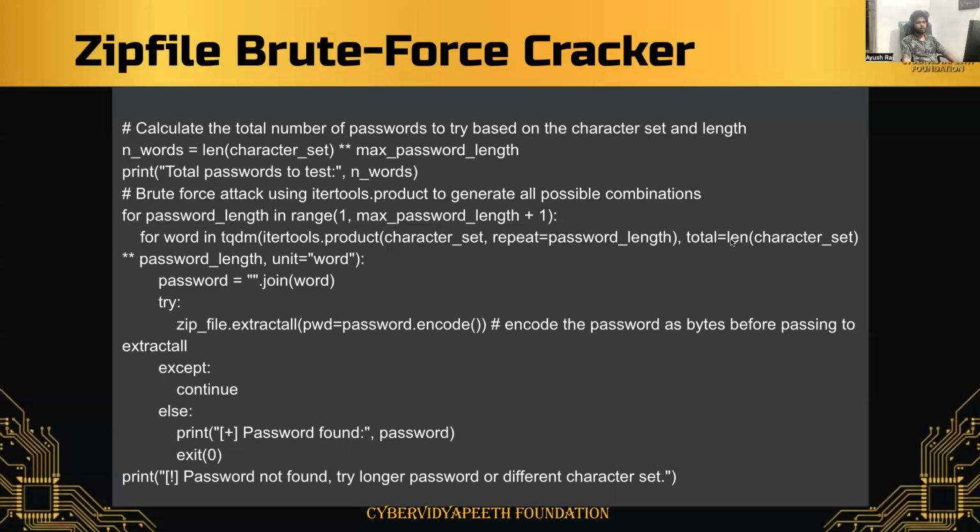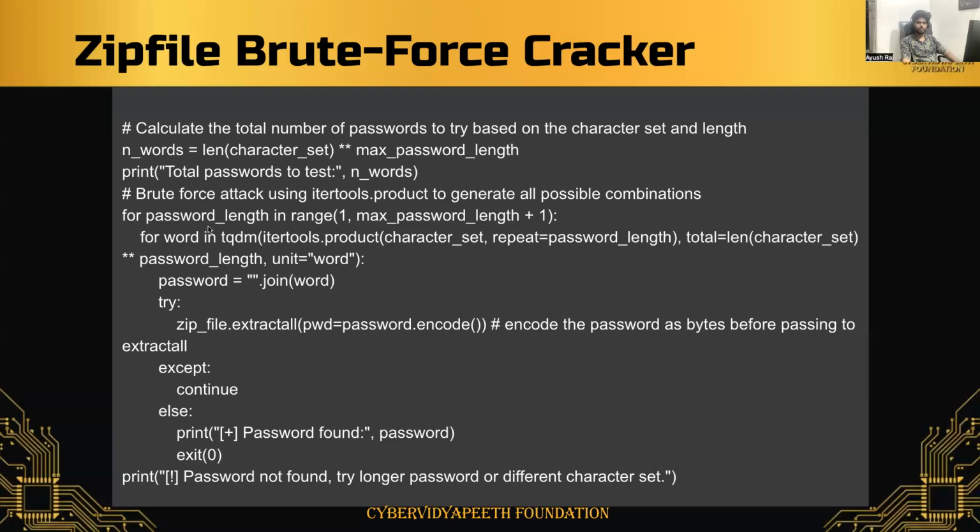And after that total equal to length of character set to the power of password length. So if the character set is, I'm giving you an example, alphabets 26 plus 26 is 52, and the numerical values 0 to 9 make it 62. So 62 power 1.